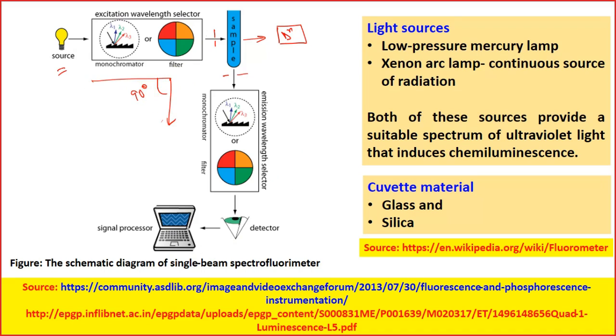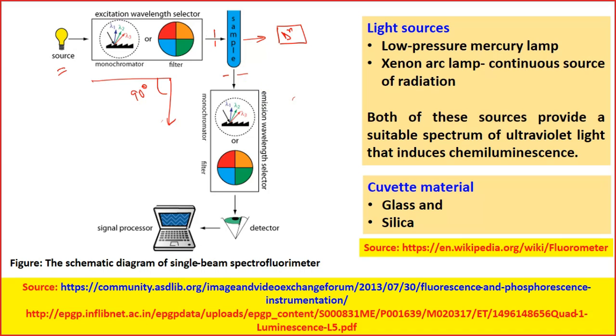So in fluorescence, if you see, there is a 90-degree arrangement. This is important. Otherwise what happens? The fluorescence signals are very small. You get a very weak signal from here. The fluorescence process is very weak. The energy you will be having will be very weak.